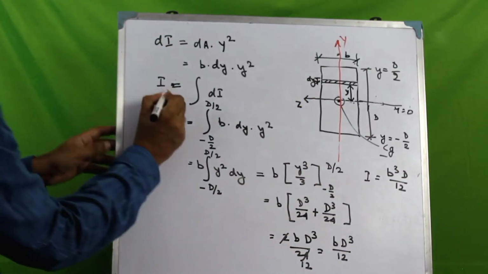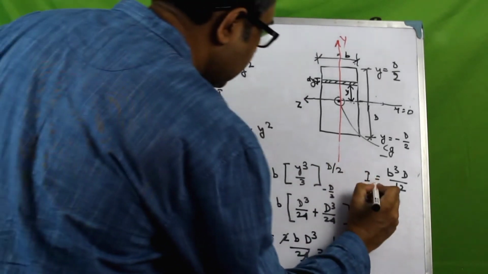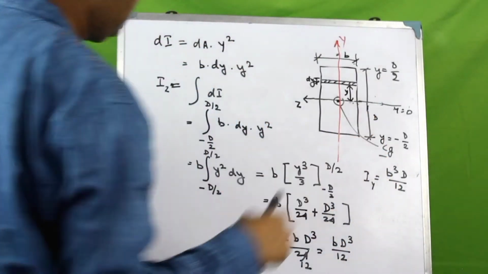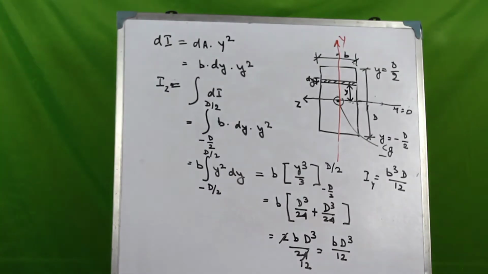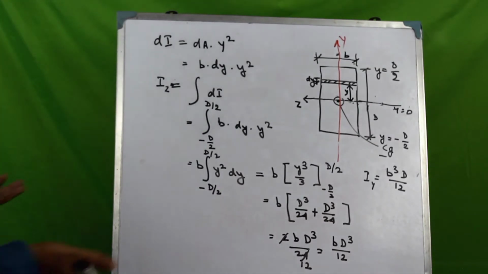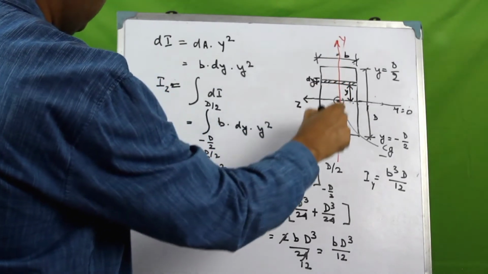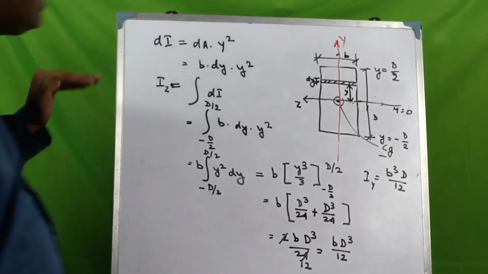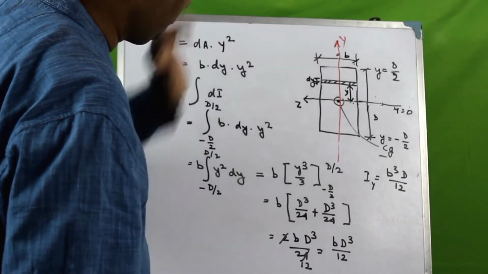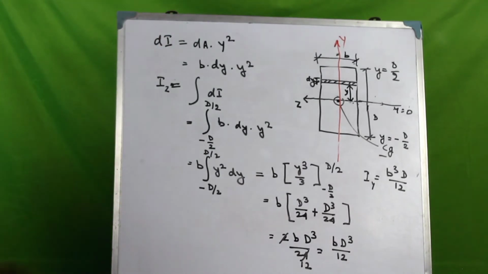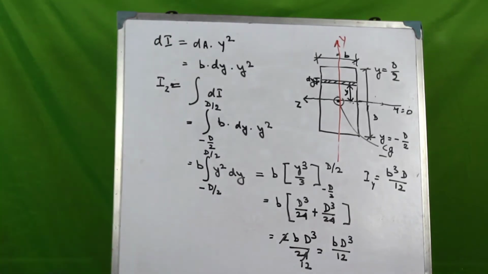So this is I z and this is I y, and we can prove this by considering an elemental strip parallel to the y-axis and measuring the distance from the y-axis. So this is how we calculate. Now this is a very standard formulation.